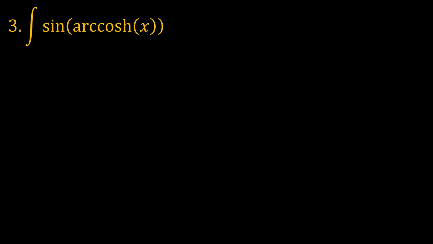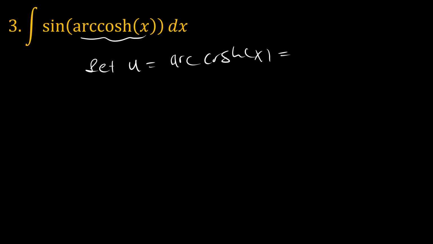Finally, problem number 3. The integral of sine of arccosh of x, integrated indefinitely. I think I would want to substitute for this. I would say let u be equal to arccosh of x, such that cosh of u is equal to x.